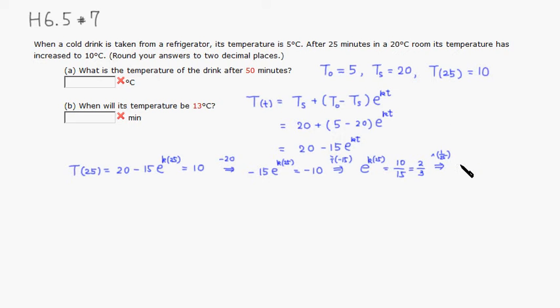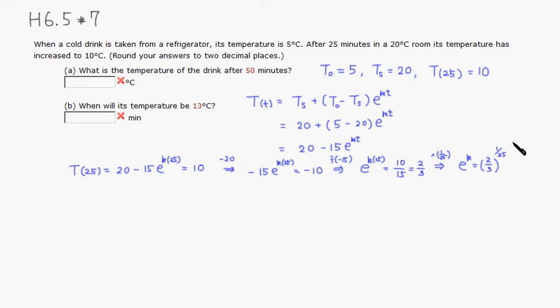So we can raise both sides to the 1 over 25 power. We get e to the k is equal to 2/3 raised to the 1 over 25 power.